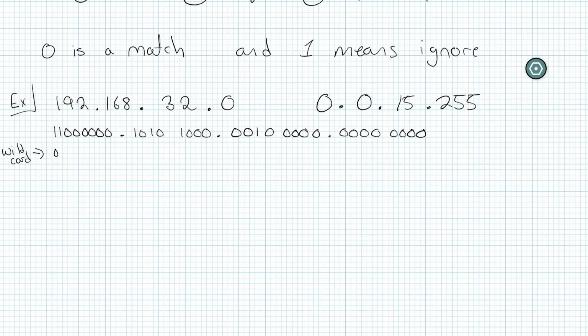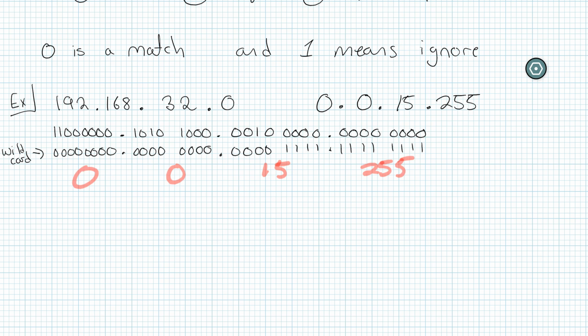So in this particular case, our wildcard mask is going to be zeros, followed by zeros, followed by 15, followed by ones. So we have the number 15 and the number 255, as well as 0 and 0 here.